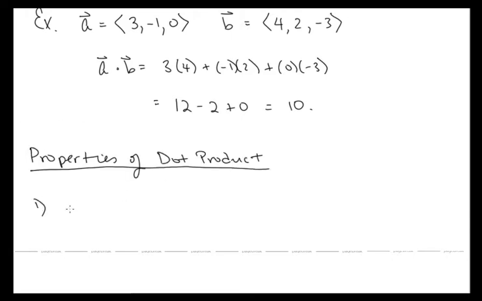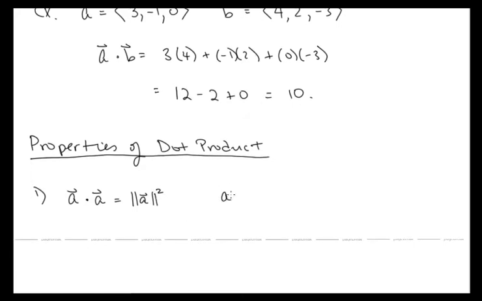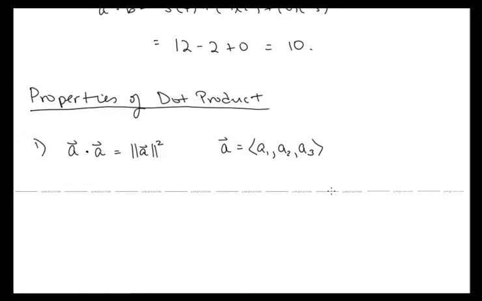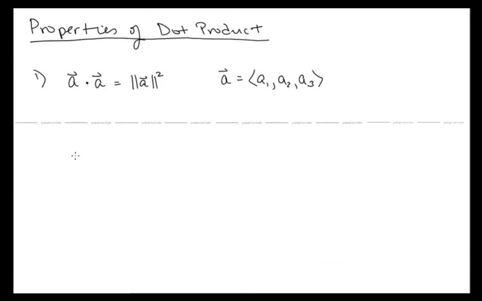First one we'll look at, a dot a is the length of a squared. Well, here we're talking about a1, a2, a3. So let's take a look at a dot a.